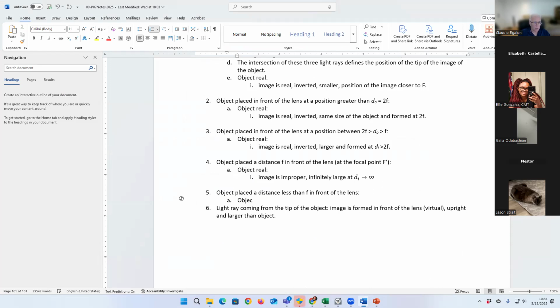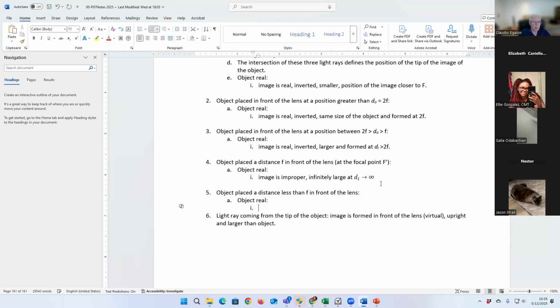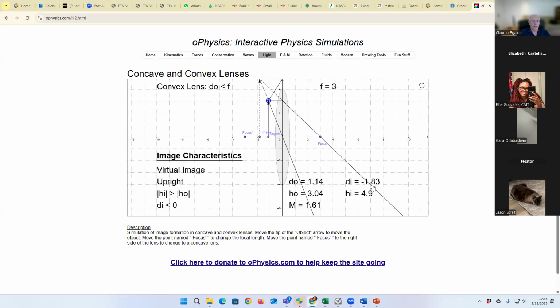Object real. Image is virtual, upright, larger, and formed at, let's see. Formed at the eye, right?